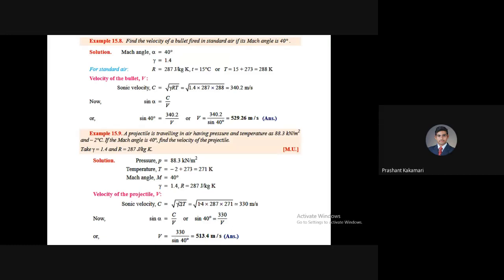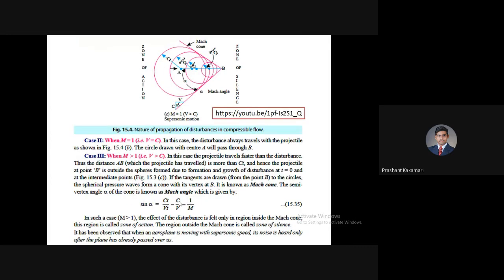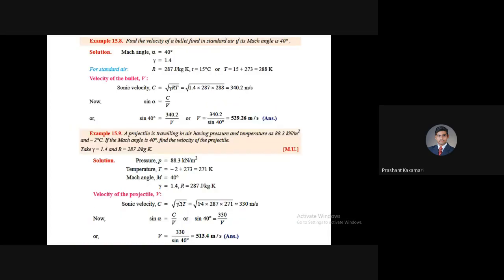Now to find the velocity of the bullet, that is the velocity of the body V, we have the Mach angle and the speed of sound, or the speed of disturbance. Using the relation sin alpha equals C by V, or 1 by Mach number if Mach number is given, we take C by V, that is the speed of sound 340.2 by the velocity of the bullet.